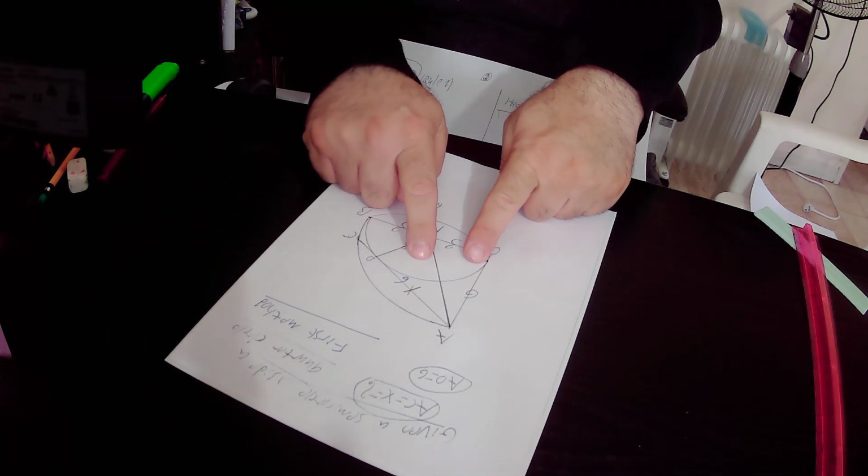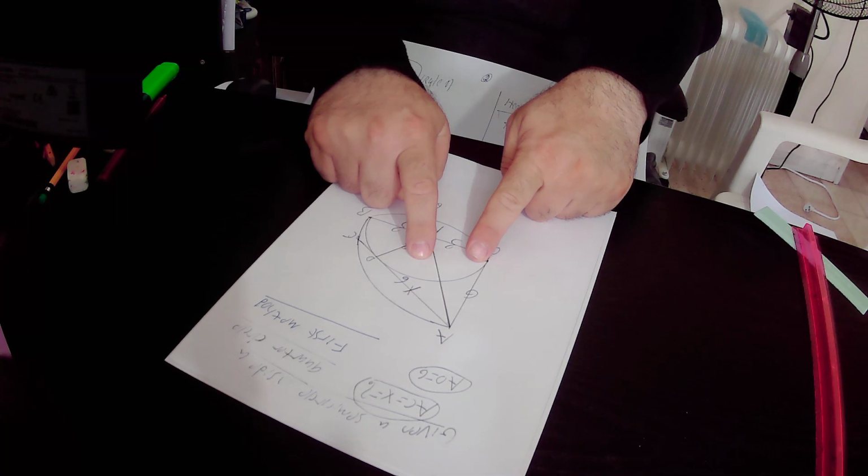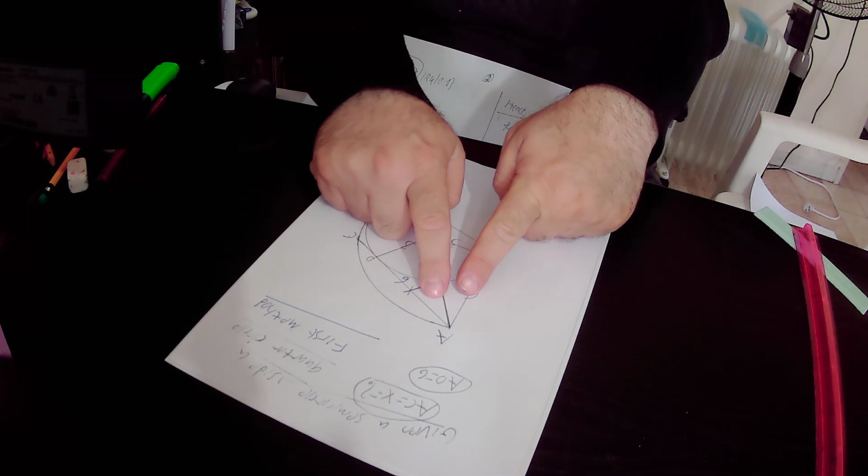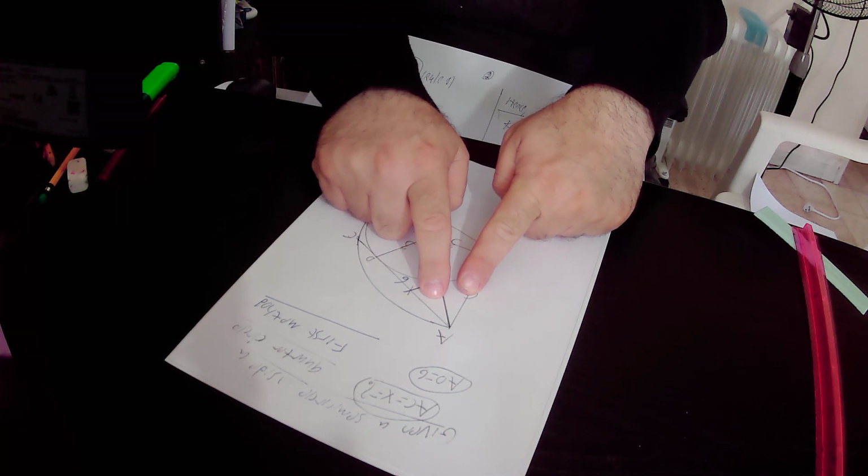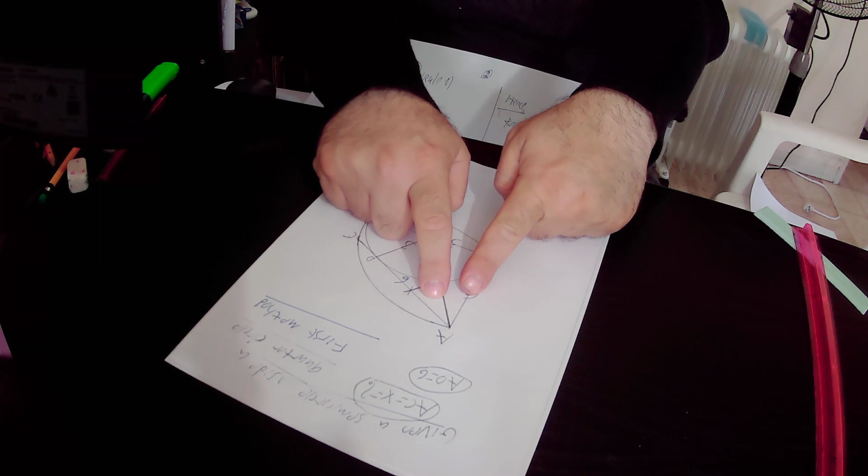Those two triangles are congruent, therefore the corresponding angles, that is to say those two angles, must be equal to each other, because they are corresponding angles located inside the congruent triangles.